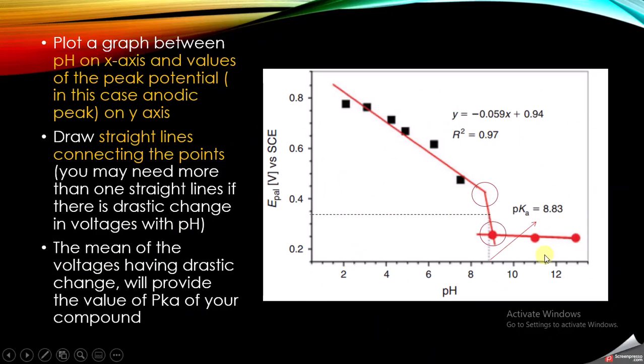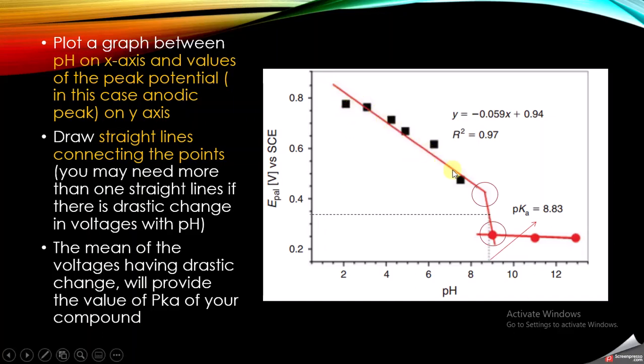The next step is to plot the peak potentials of this peak versus the pH of the solution. pH is plotted on the x-axis, 2, 4, 6, 8, 10 and 12, and I plot the peak potential, which is EPA, the anodic peak potential, on the y-axis. You will see that the peak potentials change with the pH. The third step is to draw straight lines connecting these points.